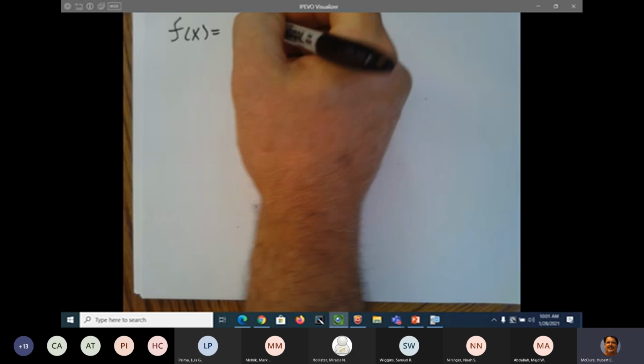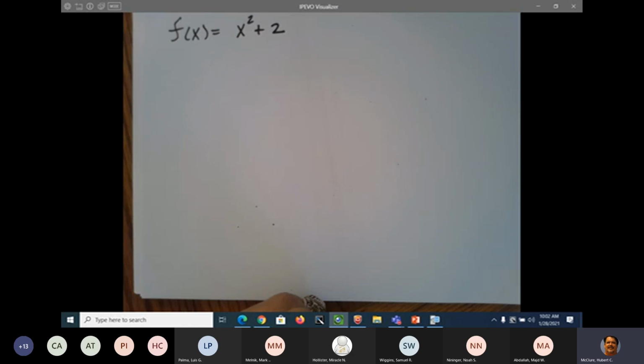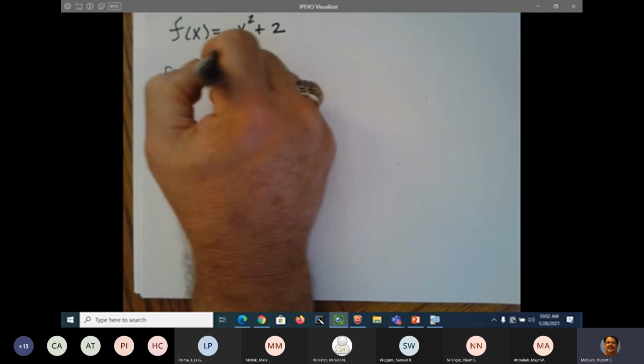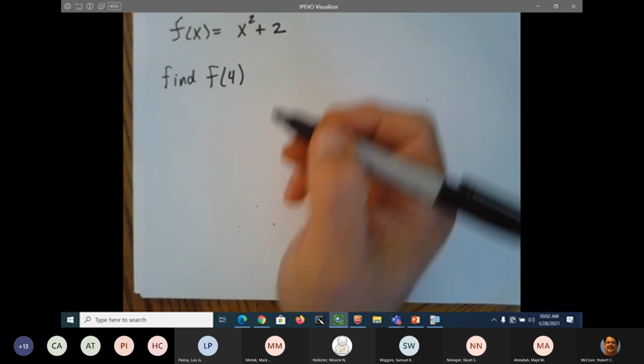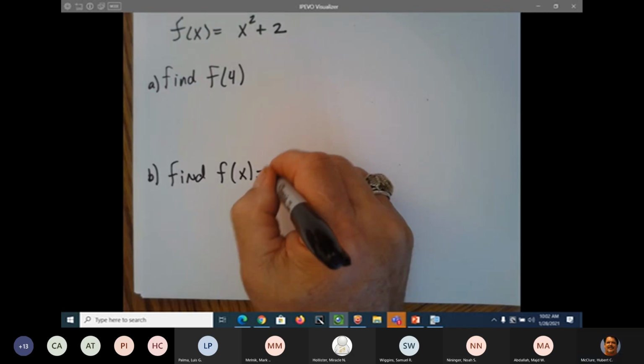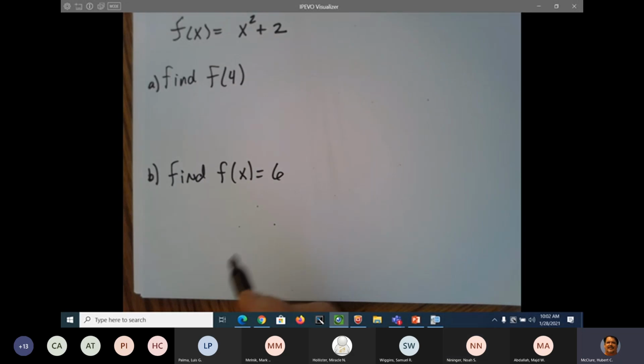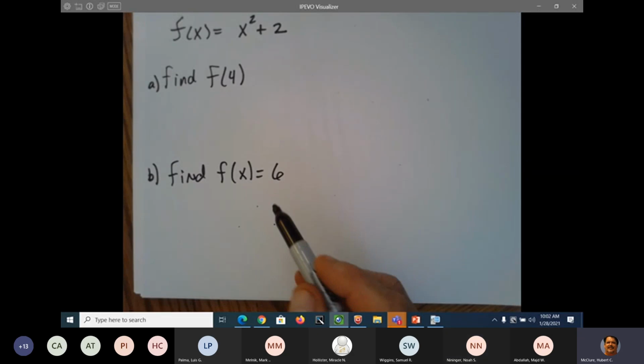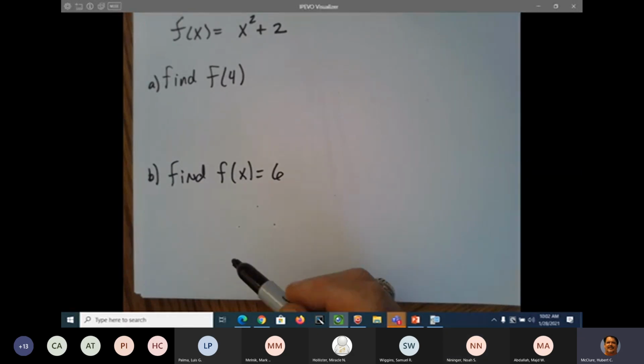And the directions say find f of 4, and that's A, and then B is find f of x is equal to 6. Now, these are 2 test questions. These are 2 standardized test questions. These are just real basic. What the heck do you do?